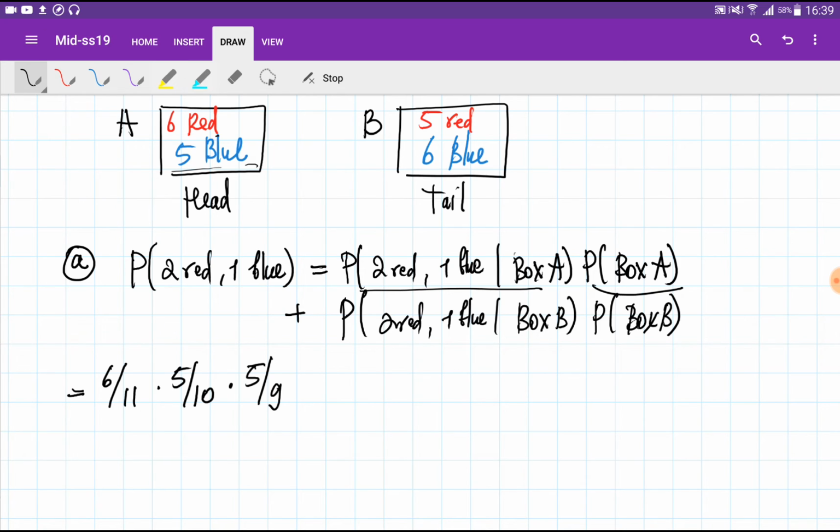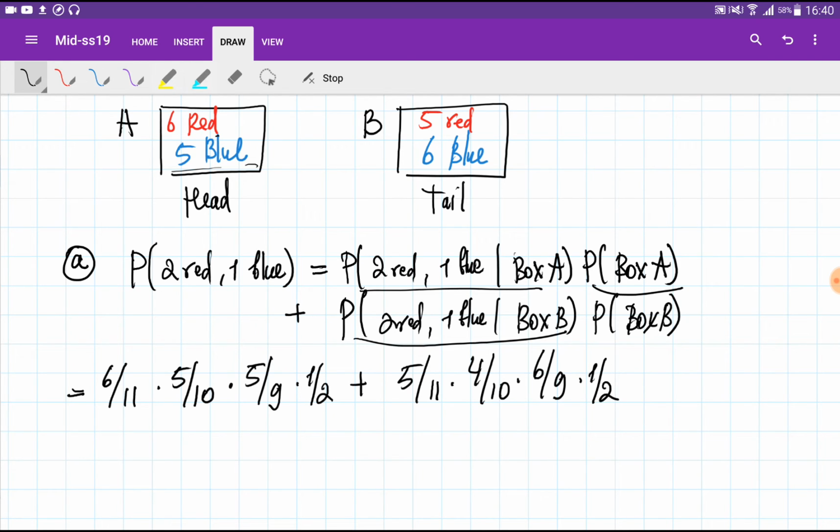We multiply this by the probability of choosing box A, which is 1/2, plus the probability of choosing 2 red and 1 blue from box B. So this is 5/11 multiplied by 4/10 multiplied by the probability of choosing 1 blue, which at the end is 6/9 because 9 balls are left on the third trial, multiplied by 1/2.